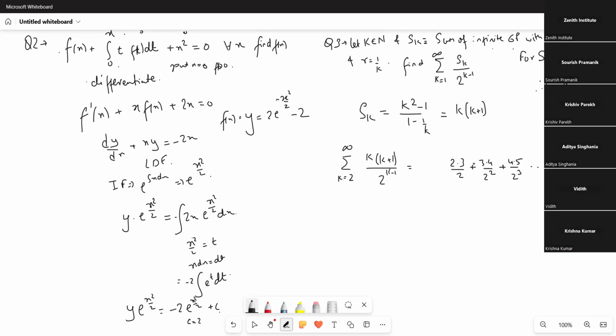So in that case, how do we solve for the value of this sequence? Suppose we take this sequence as s infinity, which is 2 into 3 by 2 plus 3 into 4 by 2 square plus 4 into 5 by 2 cube plus and so on.